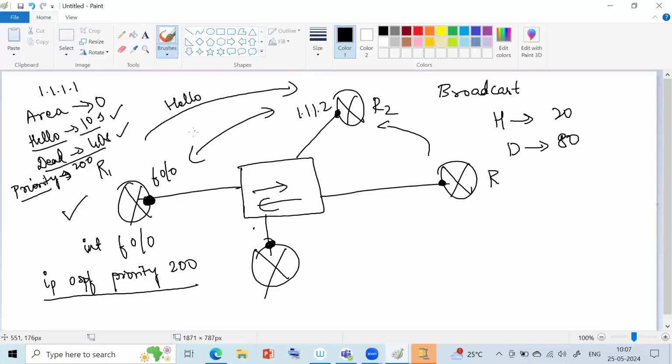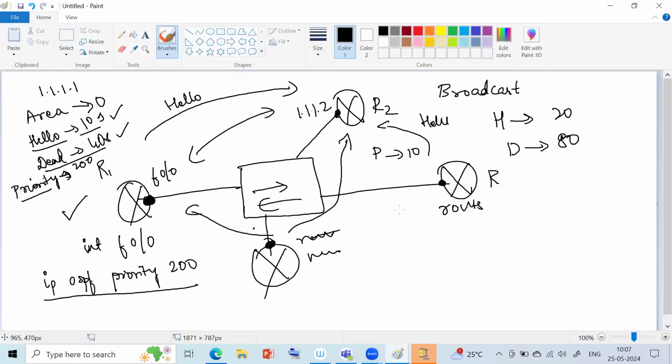So in the election of DR and BDR, at the same time, I will configure router OSPF on this one. Hello packet will come here also. This guy will say my priority is 100. I will say router OSPF on this also, and I'll advertise the network, whatever. This guy will also send hello packets.